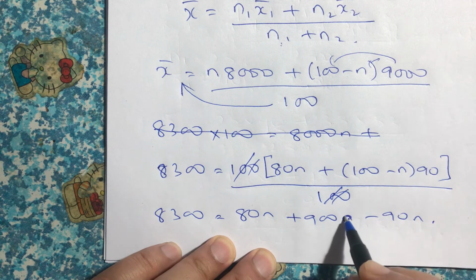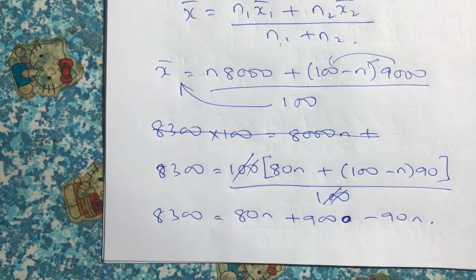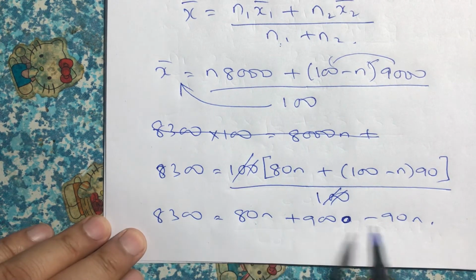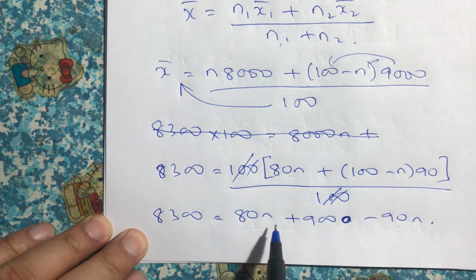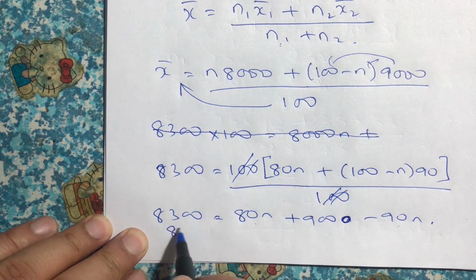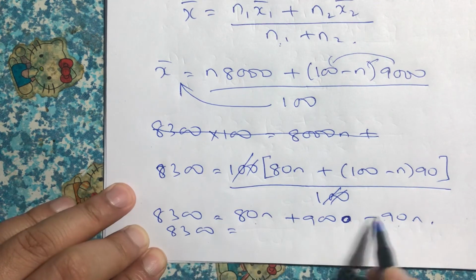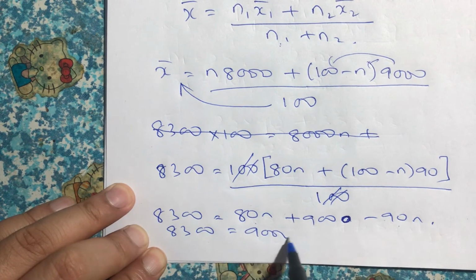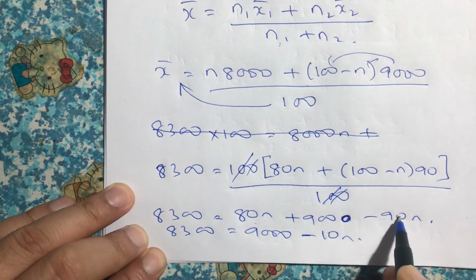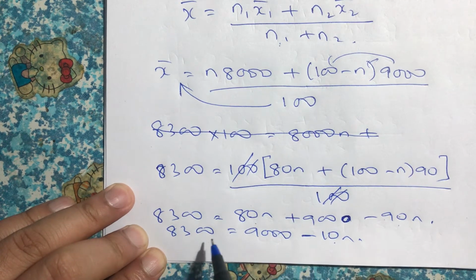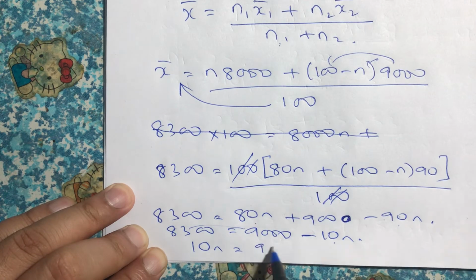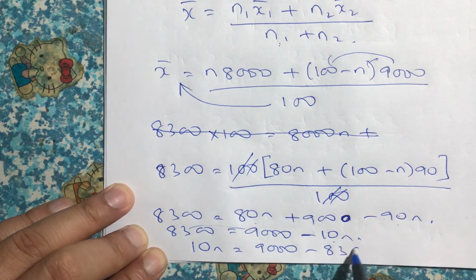Now this is a 90, and this will give me 8300 is equal to 9000 minus 10n, because these two will give me 10n. I can bring the 10n this side, and this 8300 will come this side. So 9000 minus 8300.